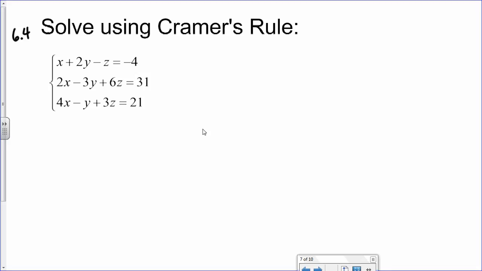Okay, so when you solve a system with Cramer's rule, you want to first set up your matrices, your D, Dx, Dy, and Dz. So you want to set up your four matrices first. So start off with D, which is just the coefficient matrix.